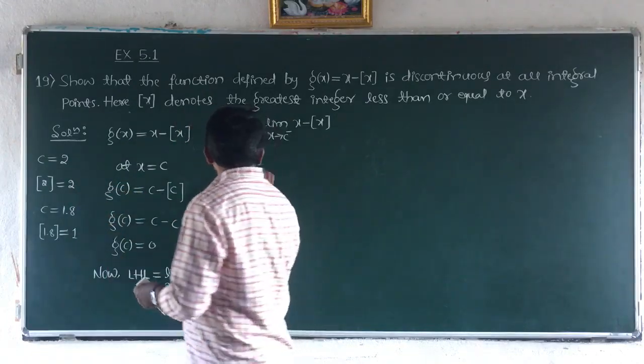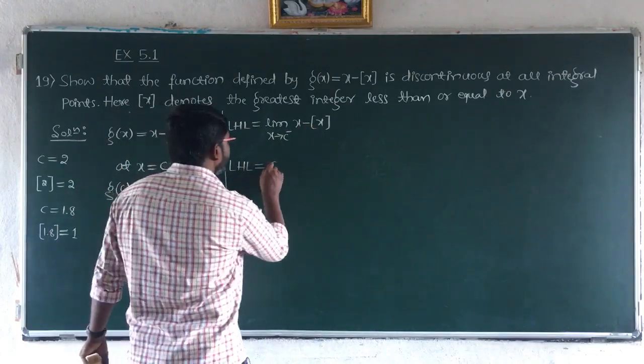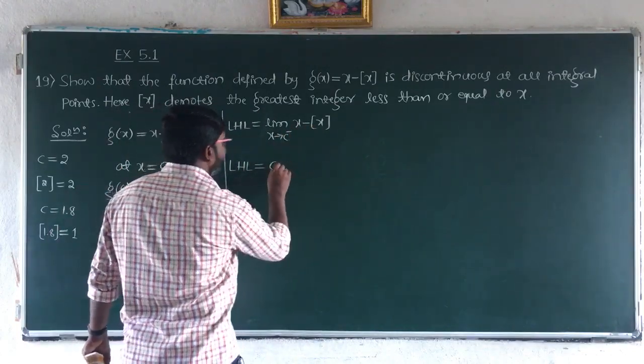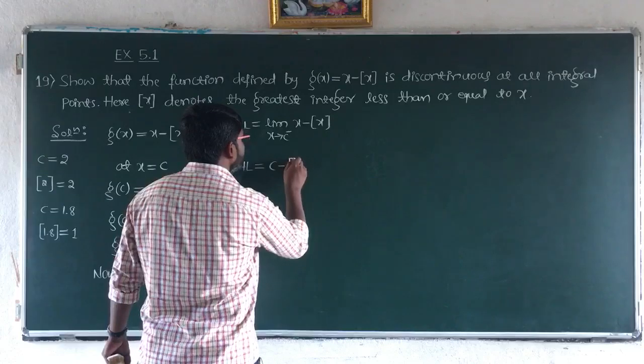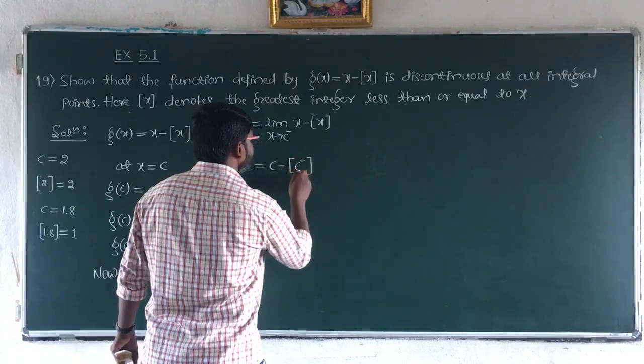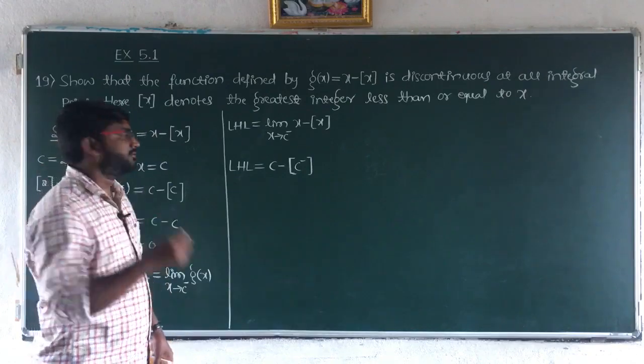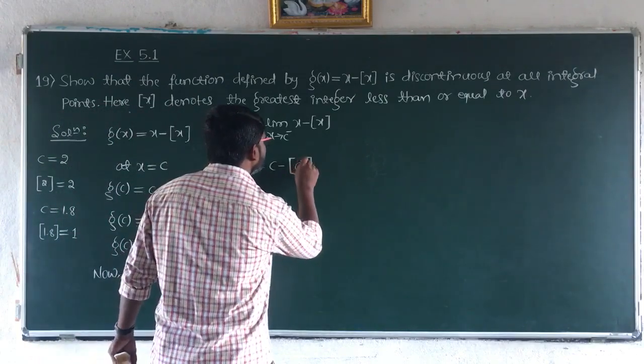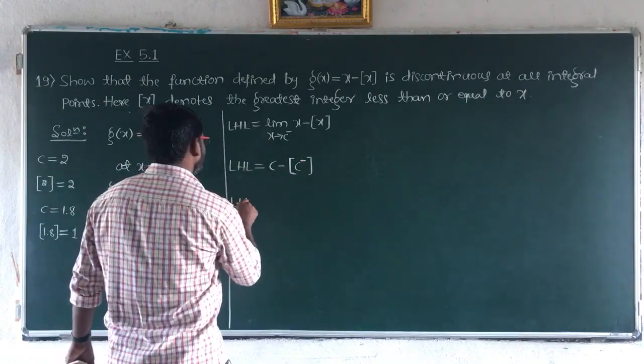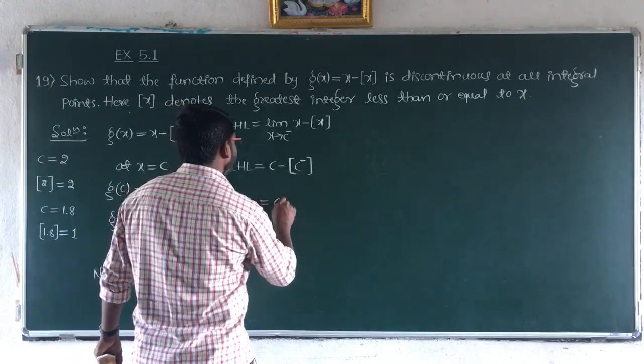So, here c minus, initially we get c, then minus greatest integer c minus. Greatest integer c minus will be c minus 1. So, LHL which is equals to c, I write it as it is.